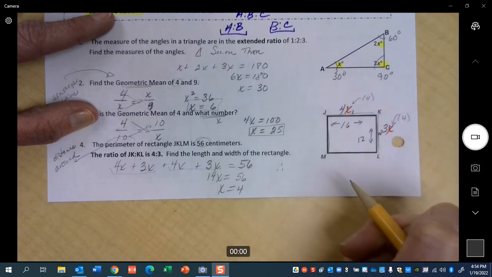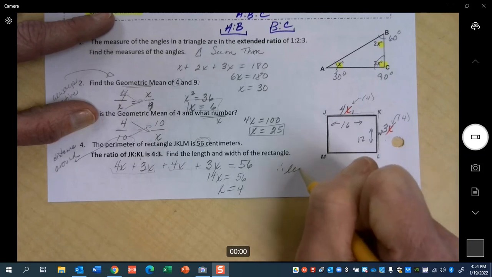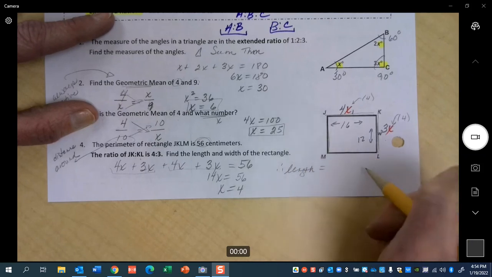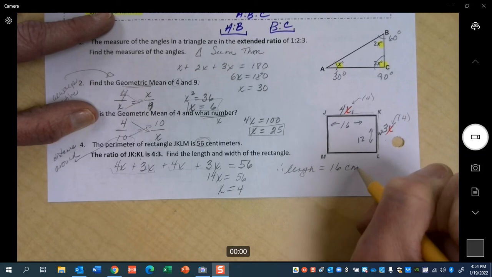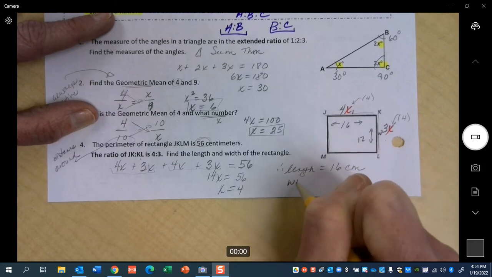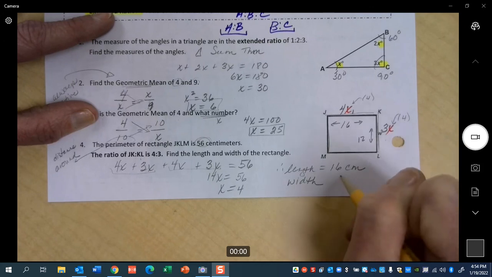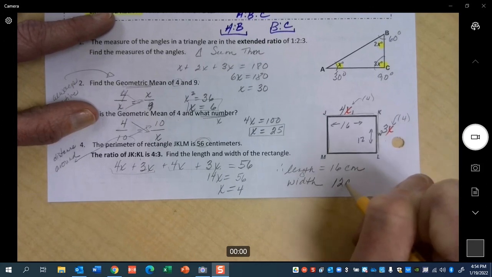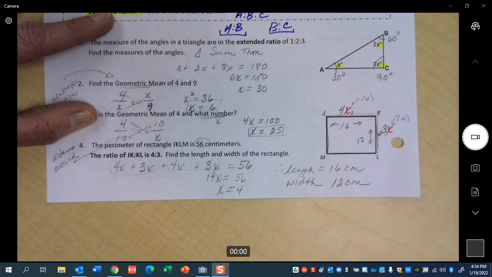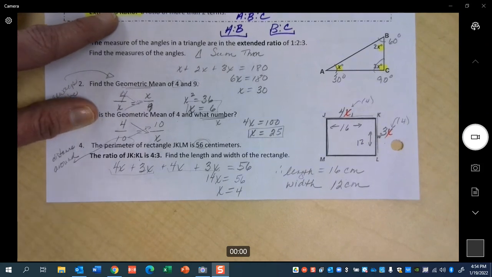So I know, therefore, my length is equal to 16 centimeters, and my width is going to be 12 centimeters. Okay?